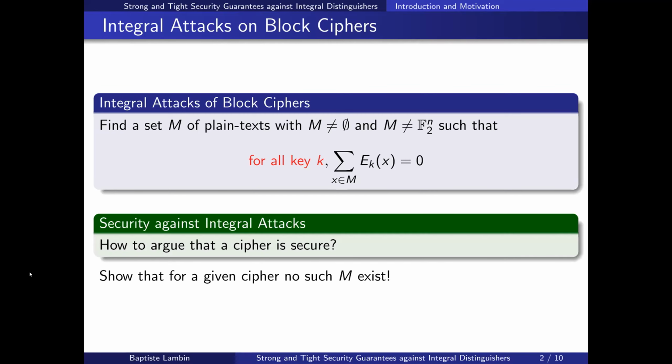And so we would like to be able to give arguments on whether or not a given block cipher is secure against these attacks. And if you follow the generic idea, then this would mean showing that there is no such set M of plaintexts. This looks a bit complicated, but if we take a closer look at the block cipher, we can see how we can eliminate at least some integral attacks.